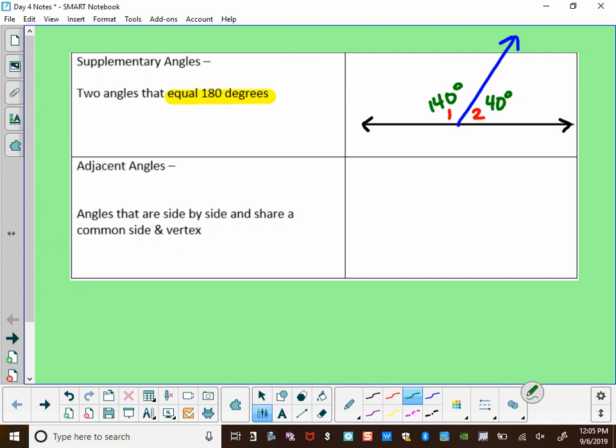All right, adjacent angles. Adjacent means that the angles are side by side and share a common side and vertex. Okay, so we're looking for 2 angles that are right next to each other. So let's say we can draw an angle here.